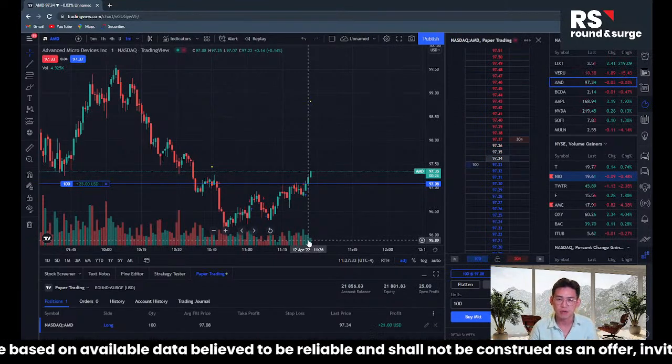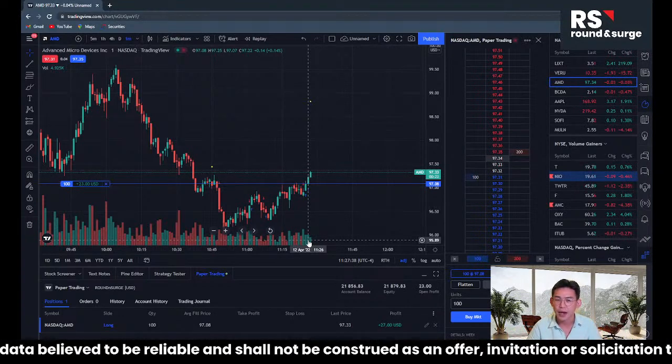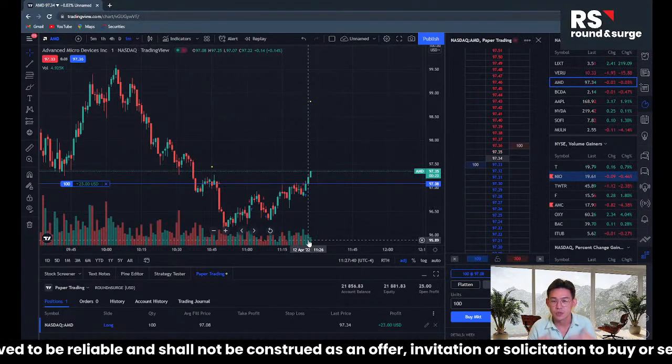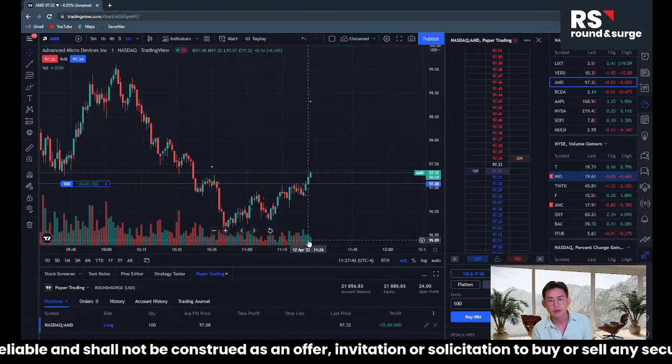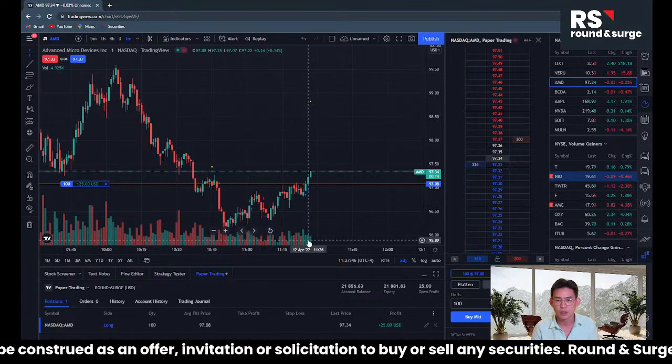It won't be perfect, to fine-tune it to a point that I can actually apply it with real money, and then start trading in the stock market and things like that. Okay, so that is the thing here.